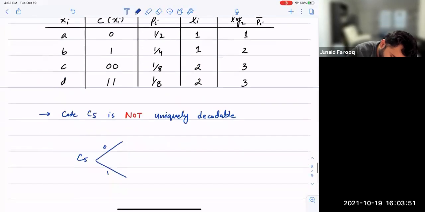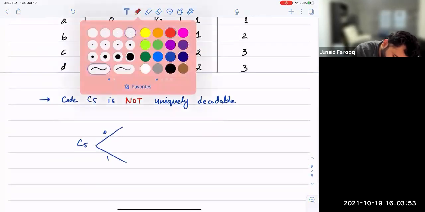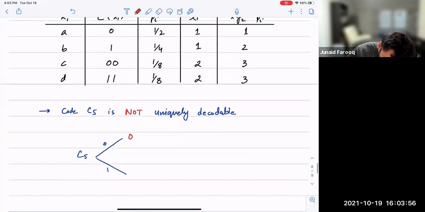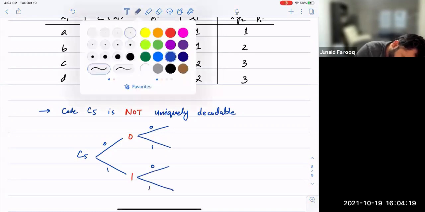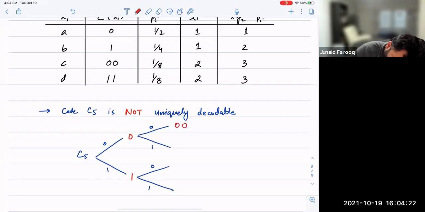Your first code word is 0. Your second code word is 1. And the next code word is 00, and then you have 11.